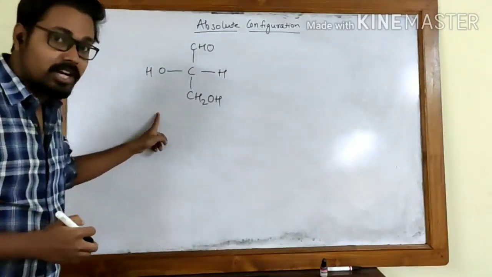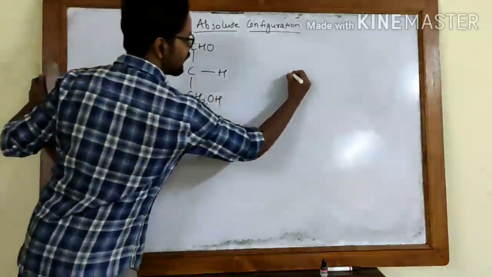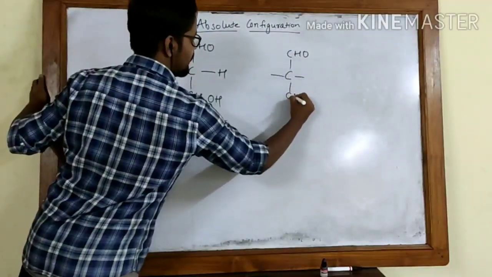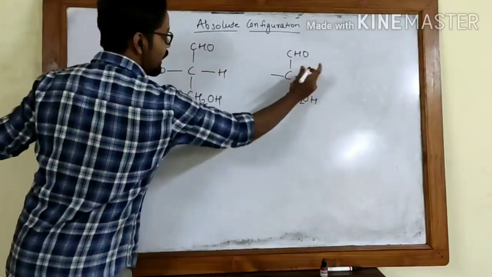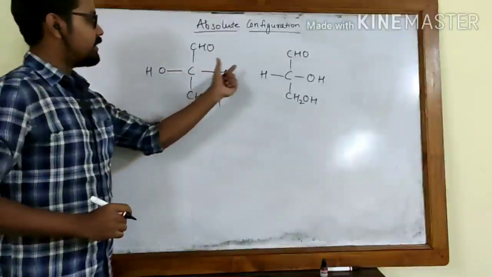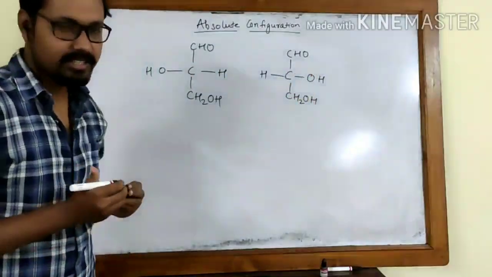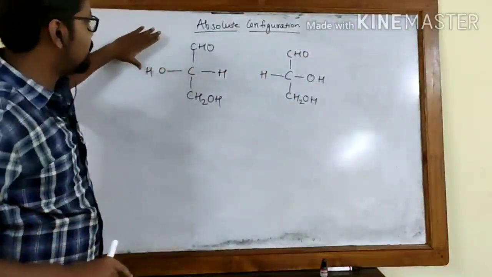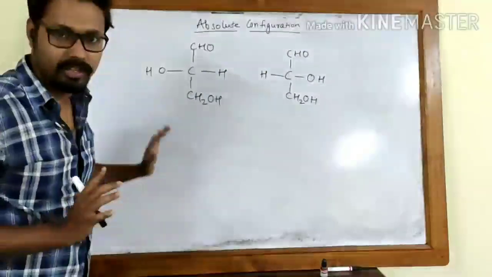There is another configuration of glyceraldehyde which we can write like this, with CHO, CH2OH. Here is the hydroxide and here is the hydrogen. So these two have swapped their places, exchanged their places. This sort of configuration that we are writing in a 2D plane is called the Fischer configuration.